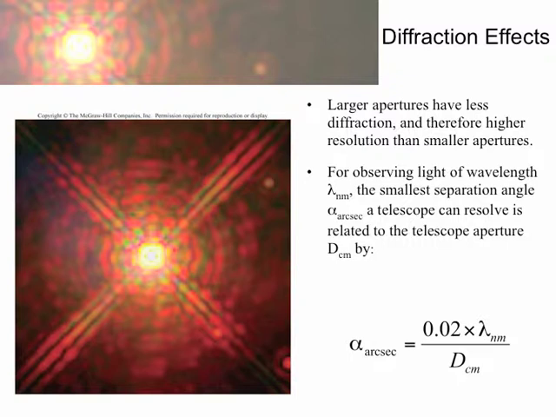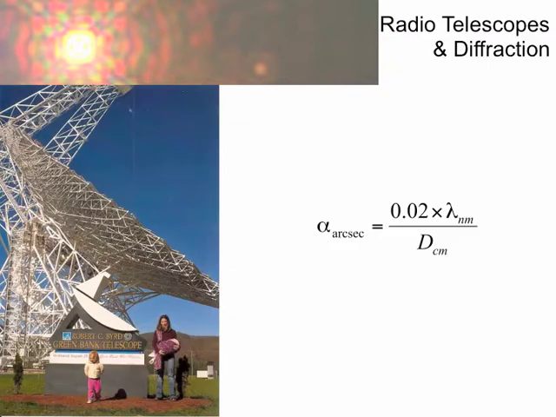Lambda appears in the numerator, meaning that the longer the wavelength of light, the larger the angle that we can possibly resolve. In other words, we cannot resolve things that are very close together if our wavelength of light is too long. We can make up for this by making the aperture larger. This is why radio telescopes need to have such a large aperture.